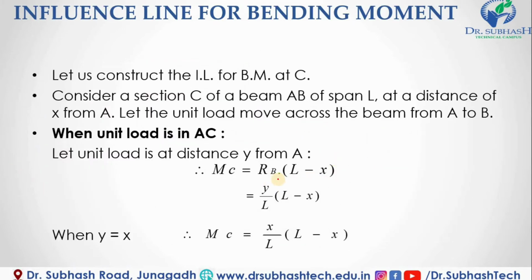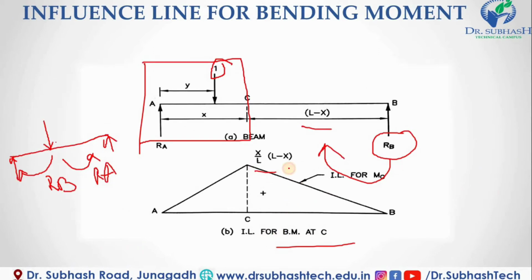RB into L minus x, where the equation of RB for a point load is y by L. Put the value of RB. So the moment at C is y by L, L minus x. In our case y is nothing but x, so replace y with x. So the moment at C is x by L, L minus x, as you can see in this graph.